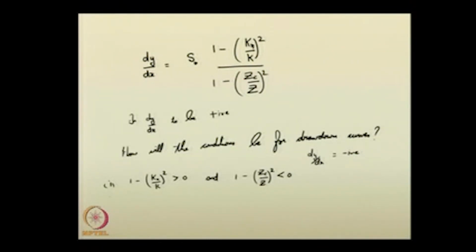This is one criterion. Another criterion is that one minus k n by k whole square should be less than 0, and one minus z c by z whole square should be greater than 0. If either of these two conditions holds, then you will get drawdown curves for the gradually varied flow water surface profiles.